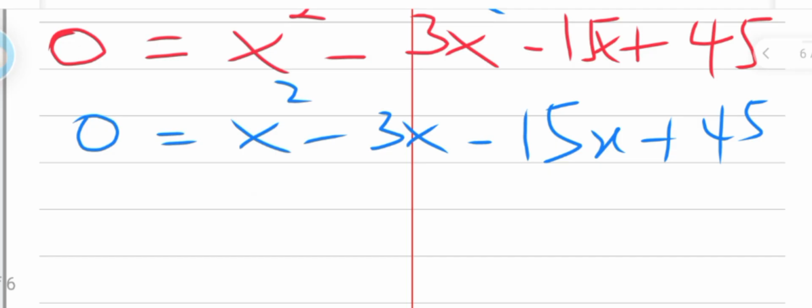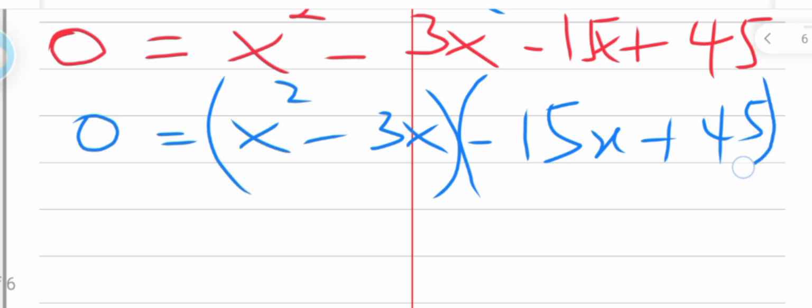Now we put these numbers into brackets, or we factorize them. We factorize the first two terms, and we also factorize the negative 15x and 45. In the first bracket, what is common? x is common.